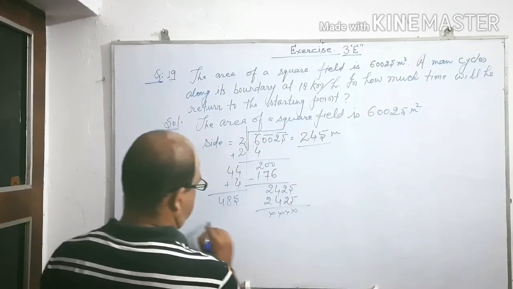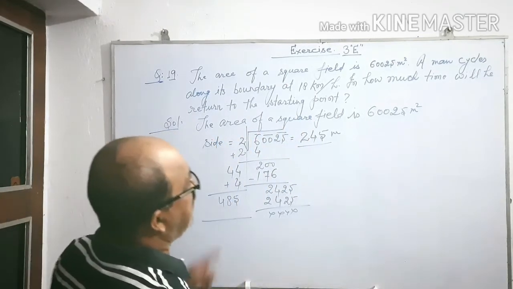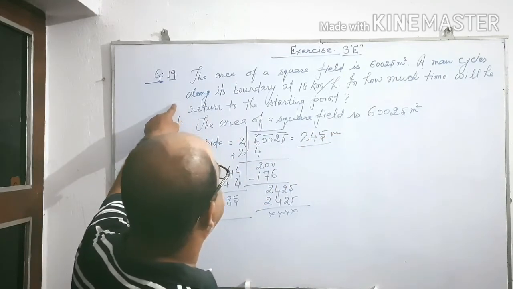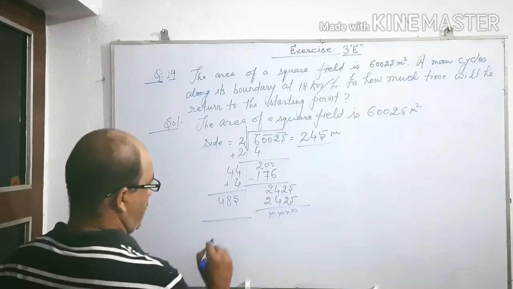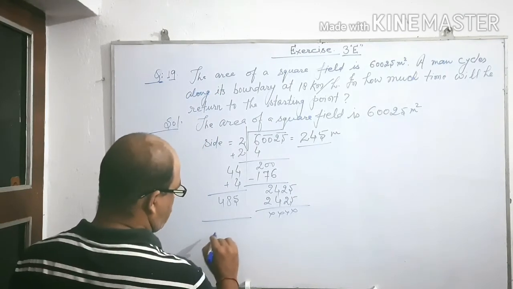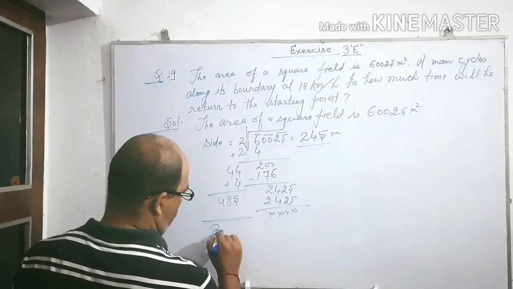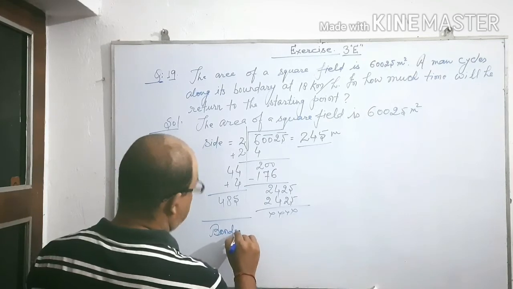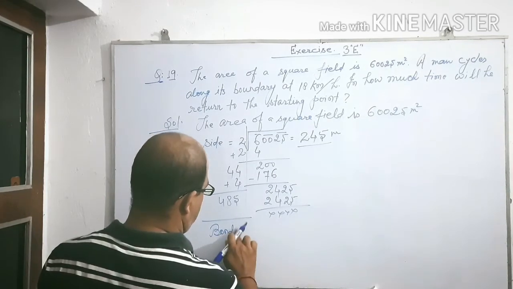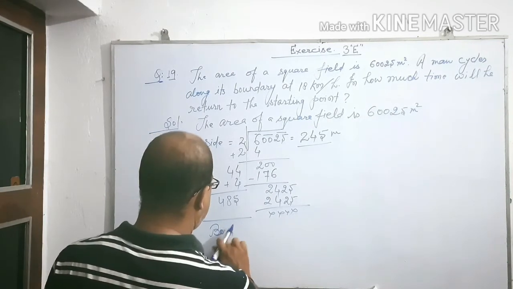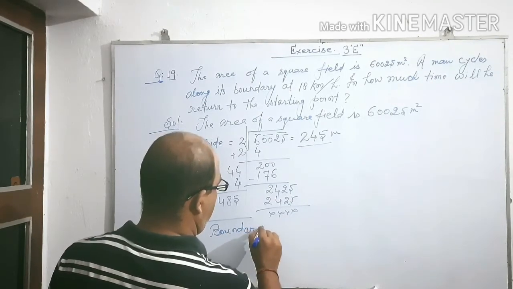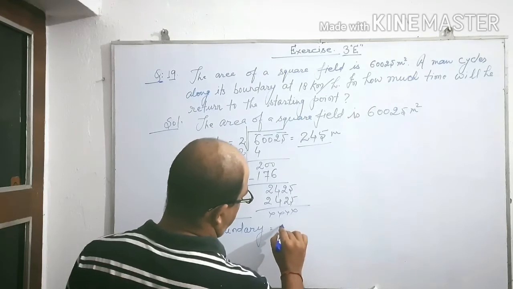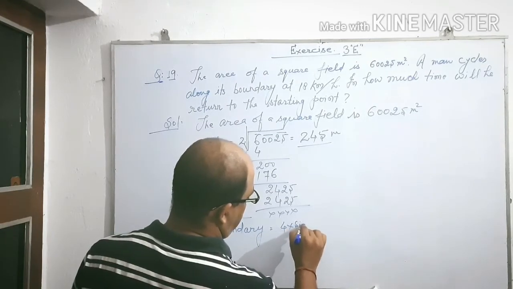As we know, a man cycles along its boundary. So the boundary of this square is equal to 4 into side.